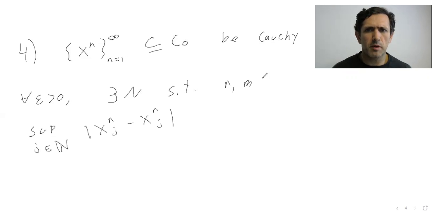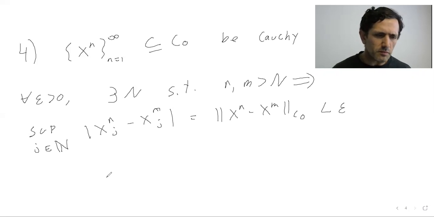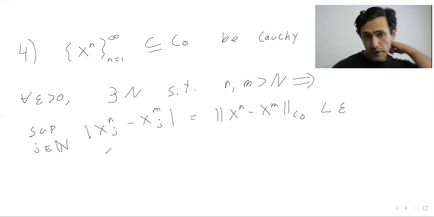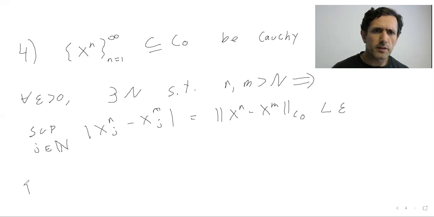For n, m bigger than N, this is by definition the norm of x^n minus x^m, and that's less than epsilon. So for fixed j0, that means, fairly trivially, it's certainly less than or equal to the sup for any fixed j0.